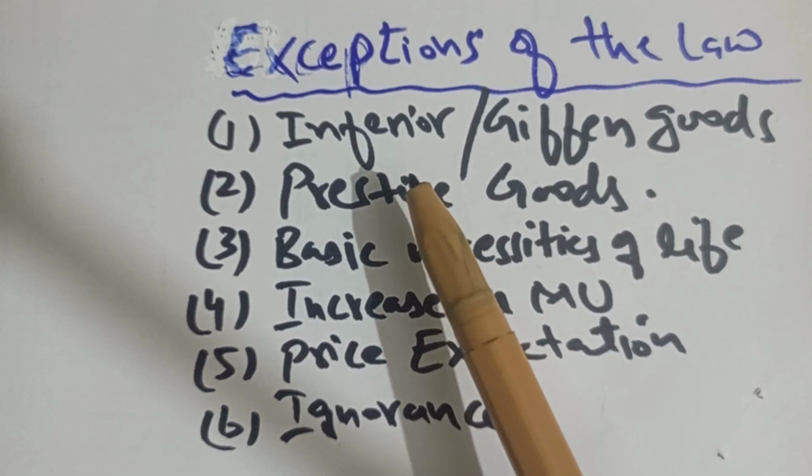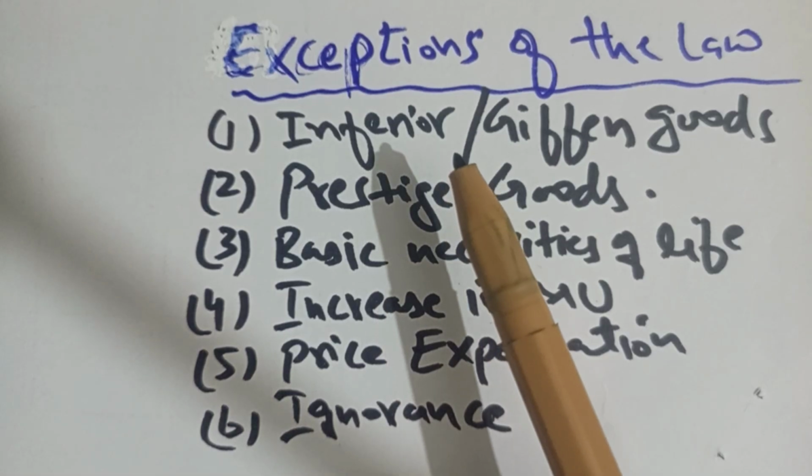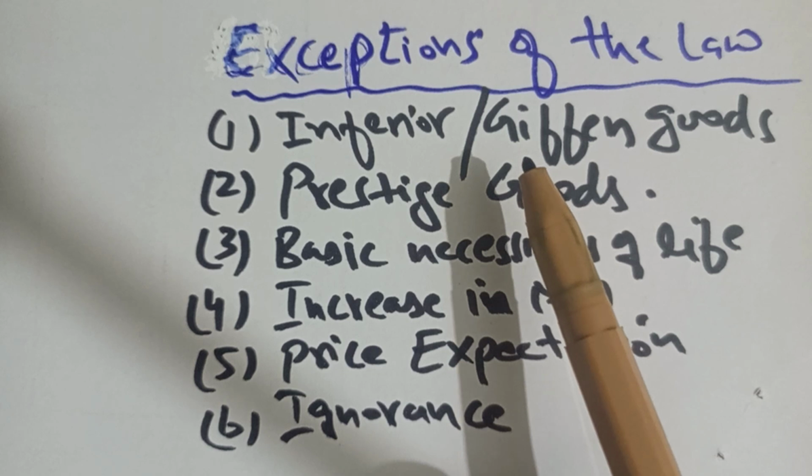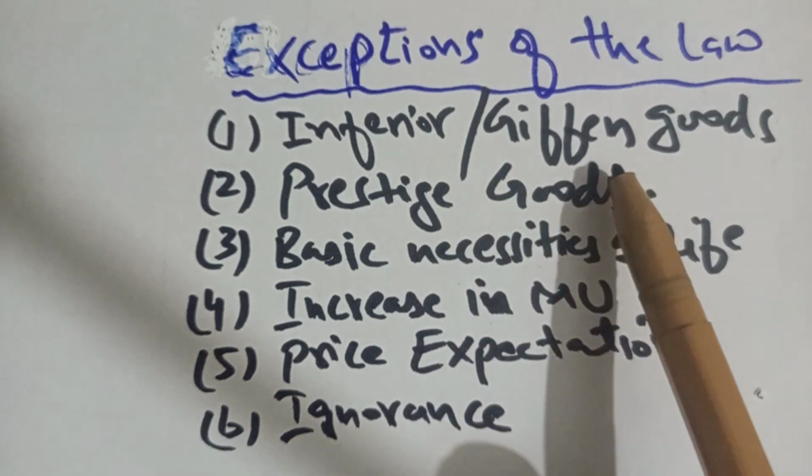Some special varieties of inferior goods are termed Giffen goods. Cheaper varieties of goods like low priced rice, low priced bread, etc. are some examples of Giffen goods.